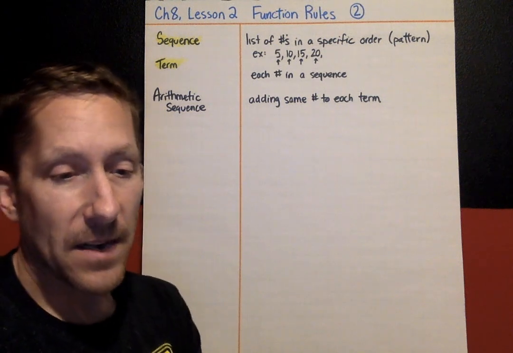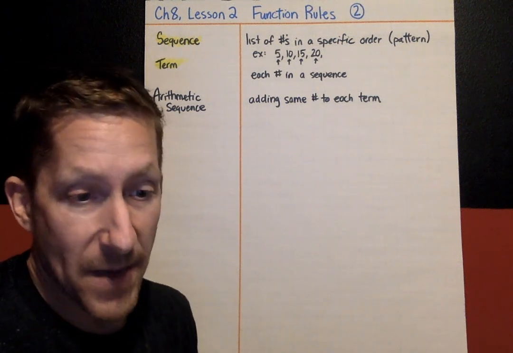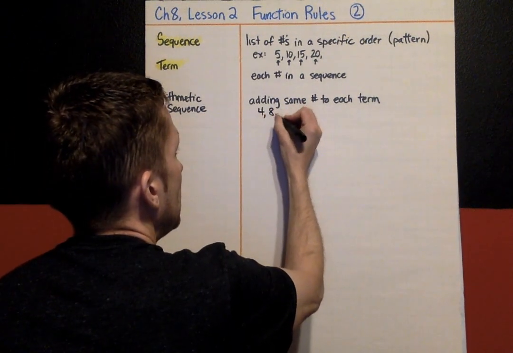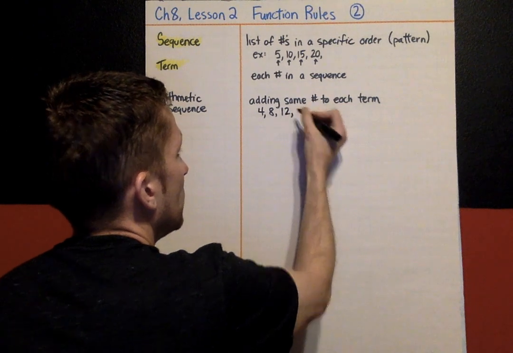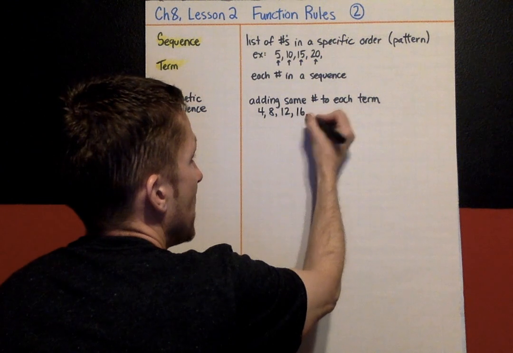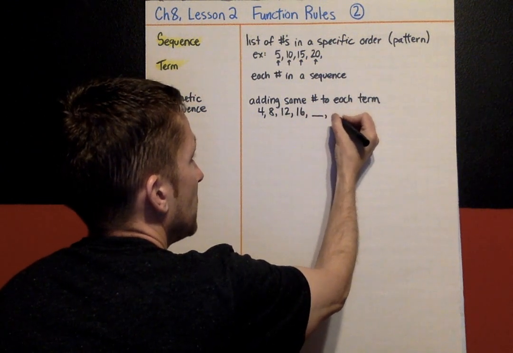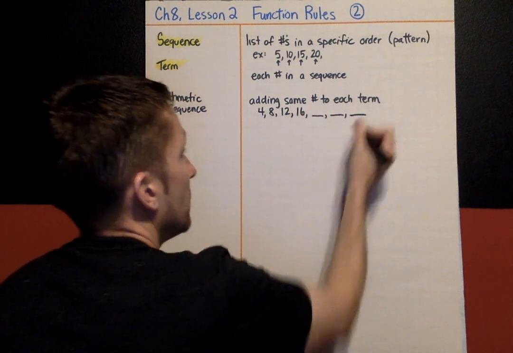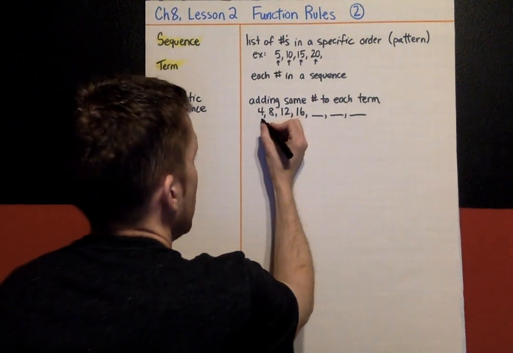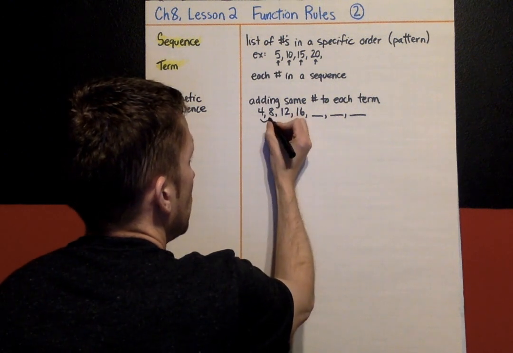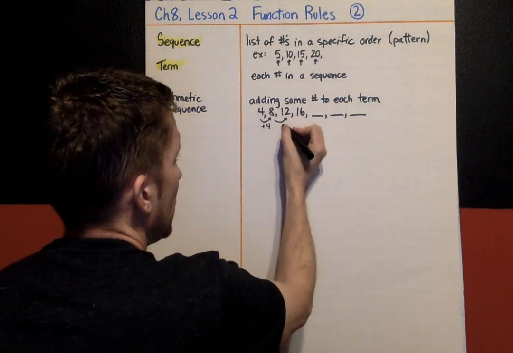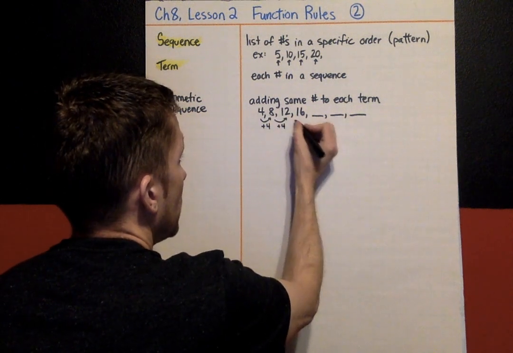Here is an example of an arithmetic sequence: 4, 8, 12, 16, and you might be asked to determine the next three terms of the sequence, which I think you could do. What's happening as we look at this sequence? Well, each term, 4 is being added. 4 plus 4 is 8. 8 plus 4 is 12.